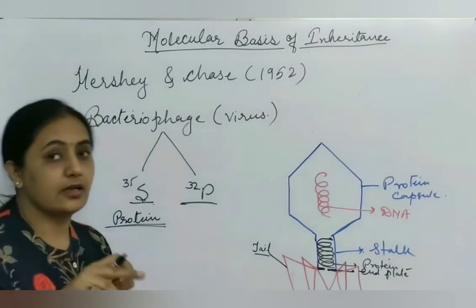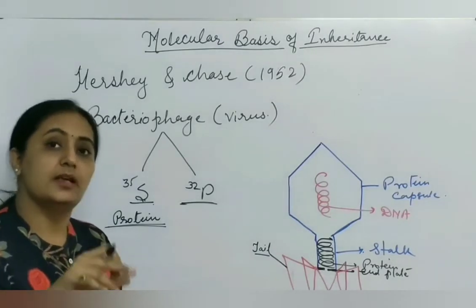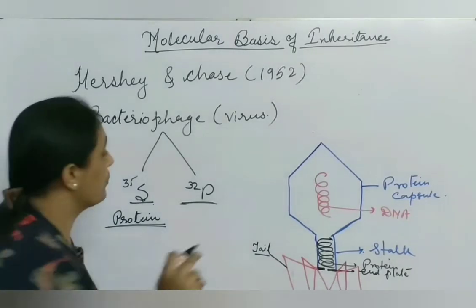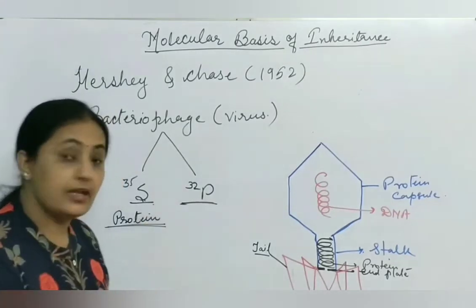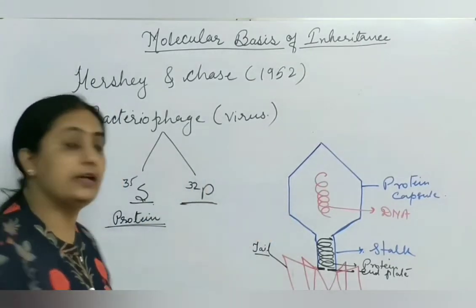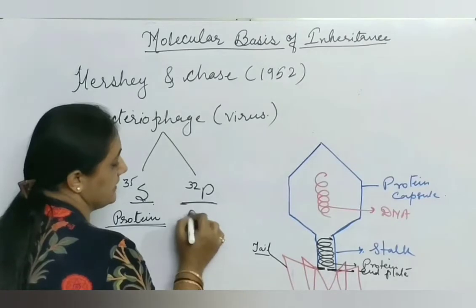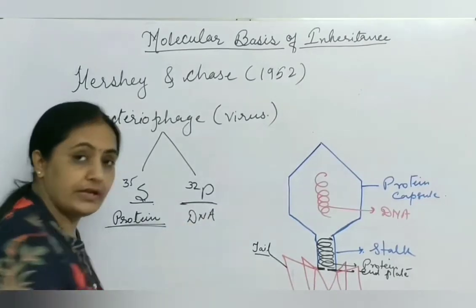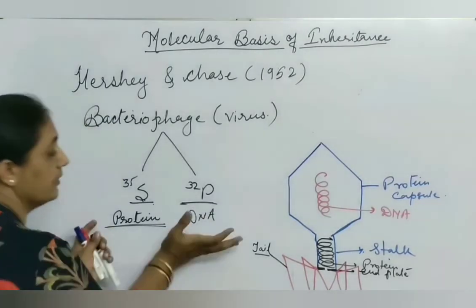In DNA, along with nitrogen bases, phosphoric acid is there. So phosphorus is the component of DNA. So phosphorus isotopes will be found in the genetic material, that is the DNA, when cultured in different media.